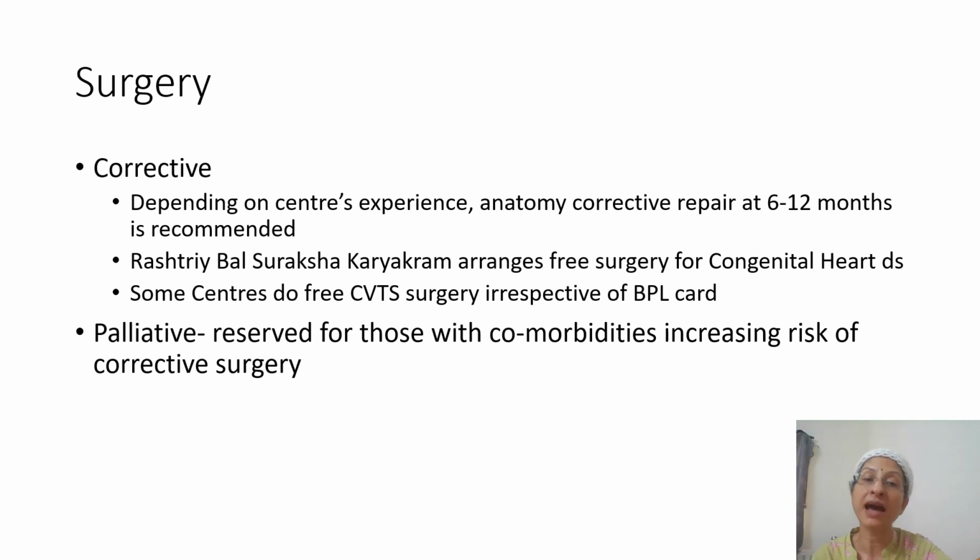Therefore, we want to buy time, and in this situation, we do palliative shunts or palliative surgeries. On the other hand, the corrective surgeries should be undertaken as early as possible. In children who are very critical at birth, it may be done in the first month of life, but if not, at least it should be done within the first 6 to 12 months of life.